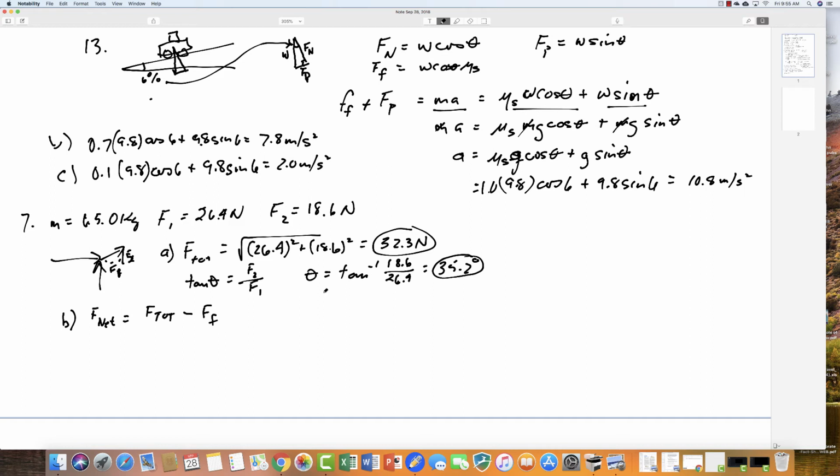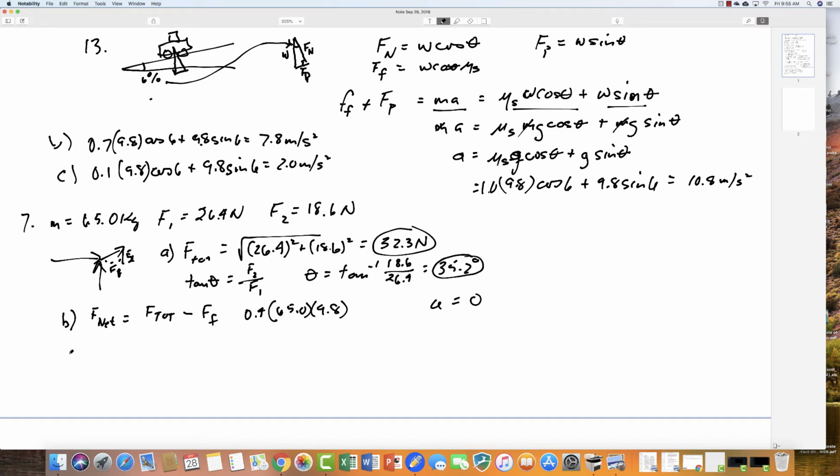If you calculate this friction force, that's going to be 0.4 times her mass, 65.0, times gravity. When you do that calculation, you get a number that is significantly larger than this total. Since the friction is larger than the total, she doesn't move, and so the acceleration is equal to 0. You can go ahead and do the multiplication there to find that.